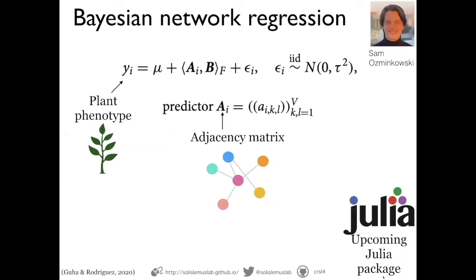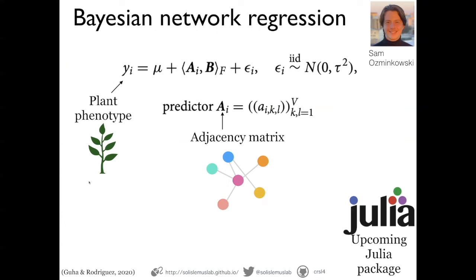Another example is a Bayesian network regression being implemented by master's student Sam Osminkowski. Here, we are building on a model that has been published by Guha and Rodriguez in 2020, where the predictor is the adjacency matrix, and we want to know how it correlates to a specific plant phenotype.